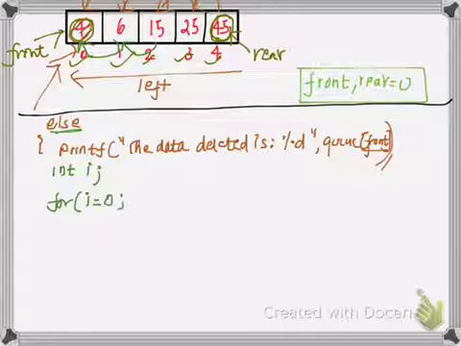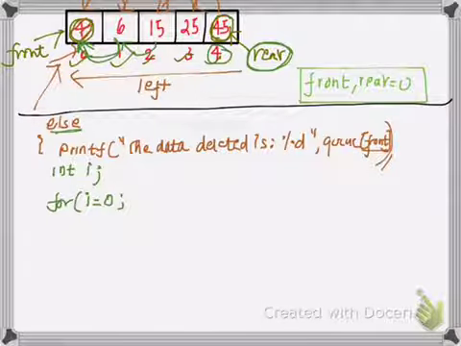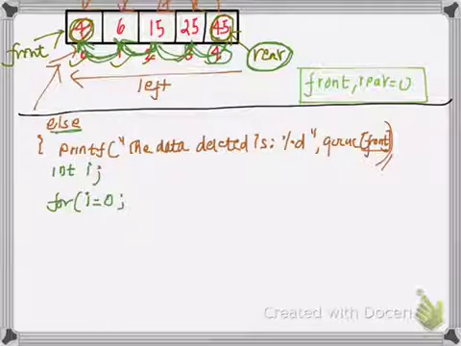For i equals 0. Now how many shifts do I need here? Since our rear is pointing to memory location 4, our first shift is 6 to 4, and 15 to the position of 6, 25 to the position of 15, and 45 to the position of 25. So here we're going to need 1, 2, 3, 4 shifts. So i should be less than rear minus 1.